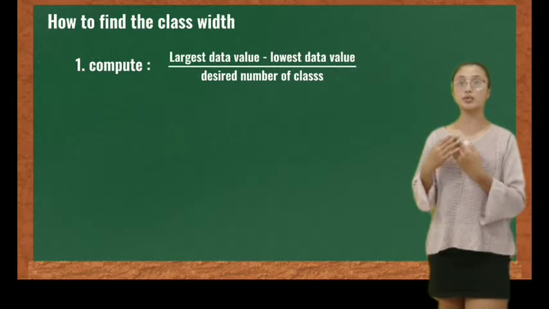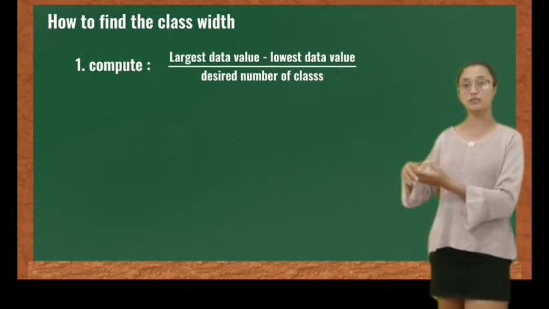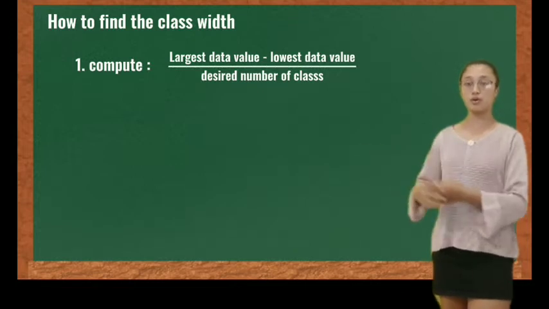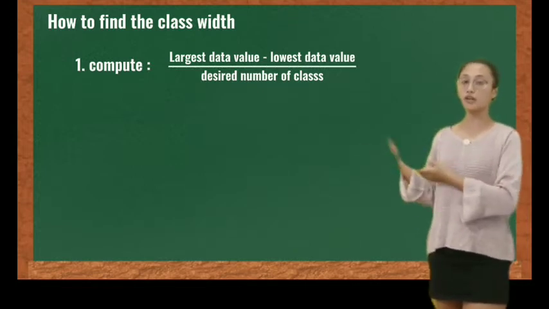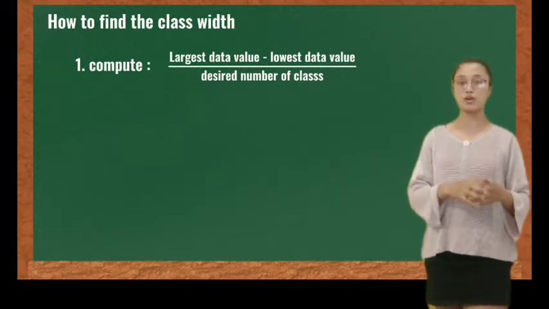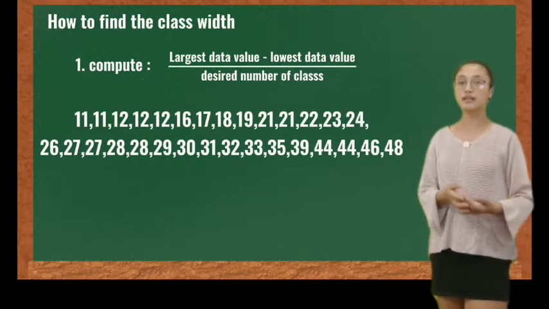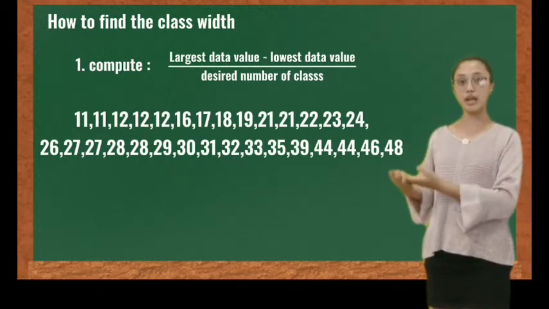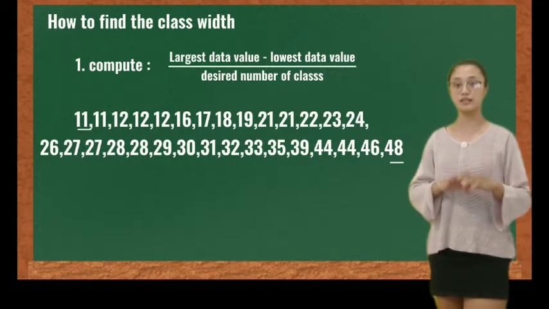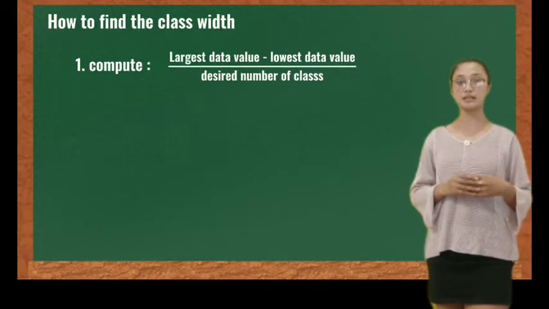First, we need to look at our data and look for the largest data value and the smallest value. From the given sample data, I already arranged it from the smallest value to the highest value. Now we can easily see the upper class limit value is 48 and the lower class limit value is 11. In this case, we decided that we're going to have 6 classes.